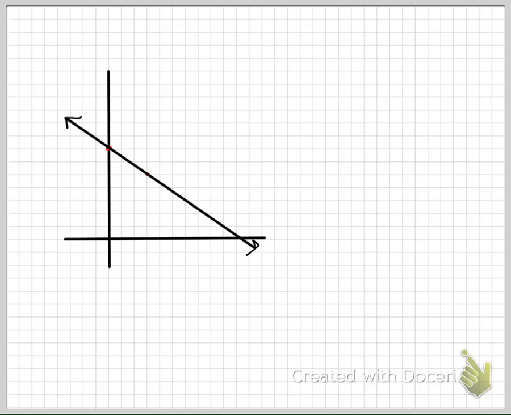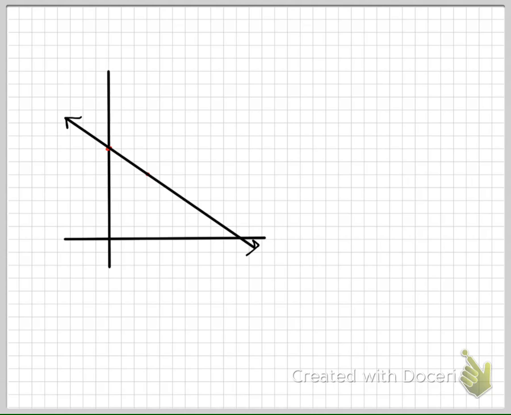If I want to write an equation for this line, what do I need to know? The slope and the y-intercept. Can you pick out the slope and the y-intercept from a graph? Do we know how to do that?